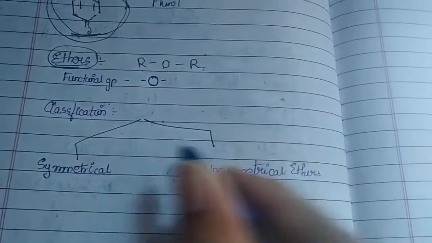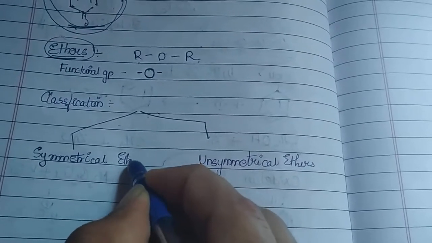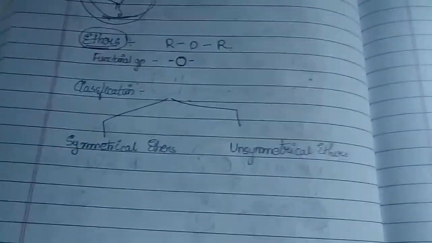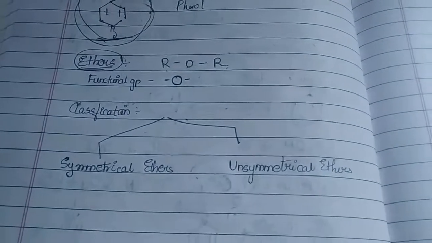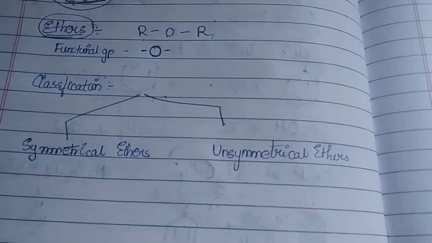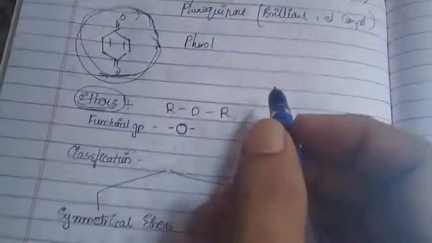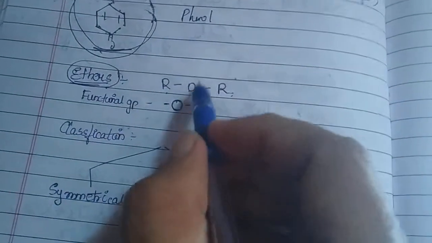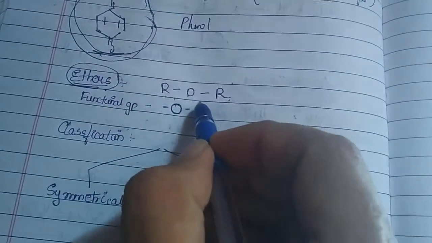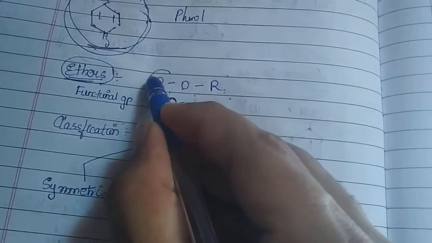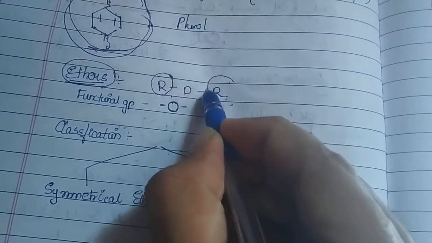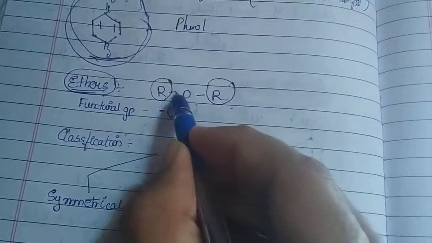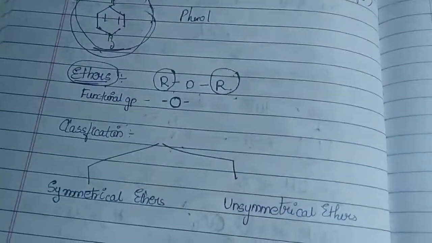By the name itself, I hope some of you have come to know what symmetrical or unsymmetrical ethers mean. Do remember, I said that ethers are written as ROR, so the symmetrical and unsymmetrical classification depends upon these alkyl groups.